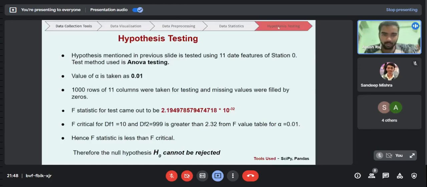The F statistic we got after applying ANOVA testing for only 1000 rows of station 0 was around 10 raised to the power minus 32, as we can see, 2.19 times 10 to the power minus 32. And the F critical value for alpha equal to 0.01, which we got from the lookup table of F values, was 2.32. As we can see, the F statistic is far less than F critical, hence our null hypothesis H naught cannot be rejected.